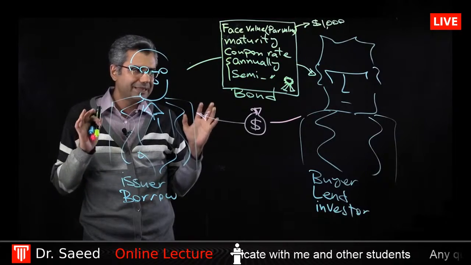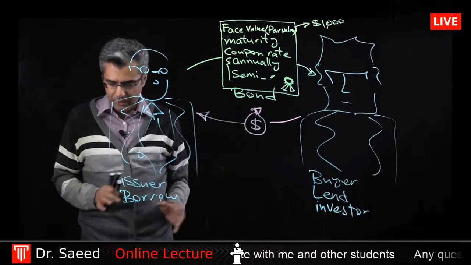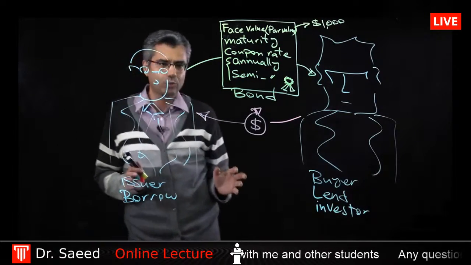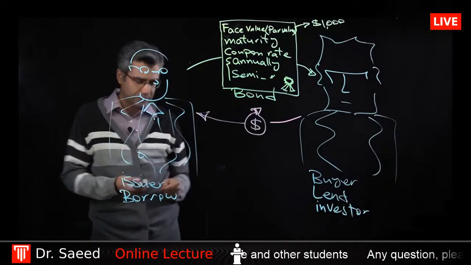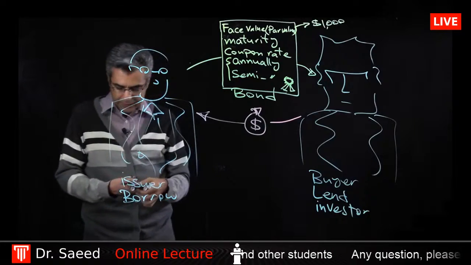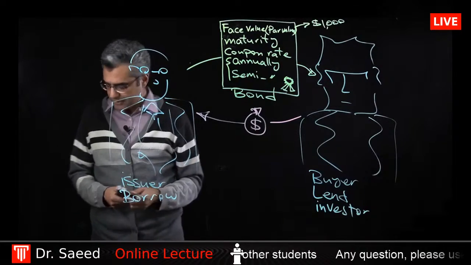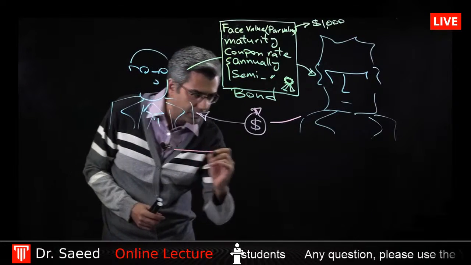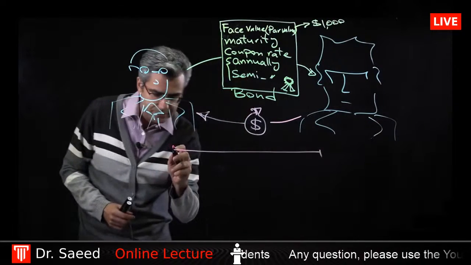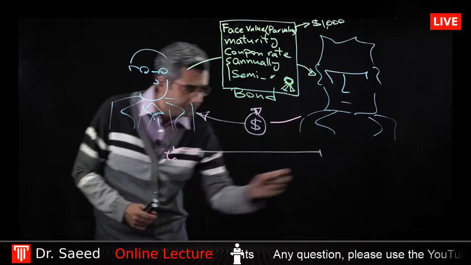So based on this, let's draw the timeline. Then it will be easier for us to do the calculation, compute the bond price, and construct the formula. Based on my explanation, the timeline will be something like this. This is today.